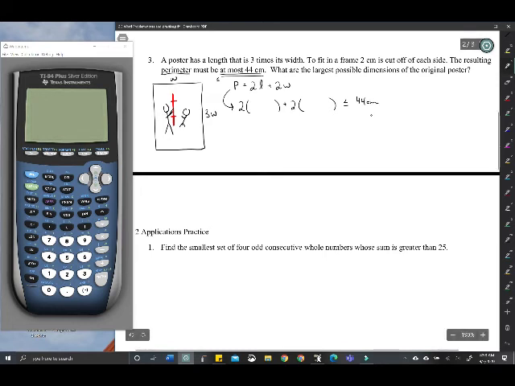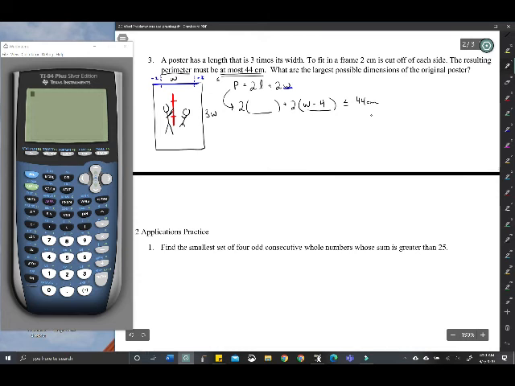Now, the length and width we are considering are those of the trimmed poster. So originally, the poster we're dealing with has a width, and we know that 2 centimeters were cut off from each side. So minus 2, which means that our width is W minus 4.